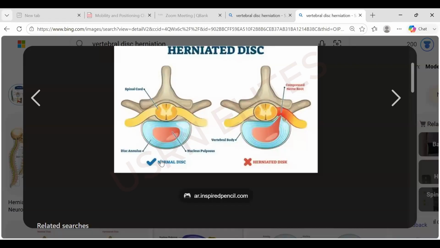So when there's herniation, as you all know, herniation means that something has moved from its original anatomical position to another place. So once there's a rupture here, the contents, the nucleus, move out.